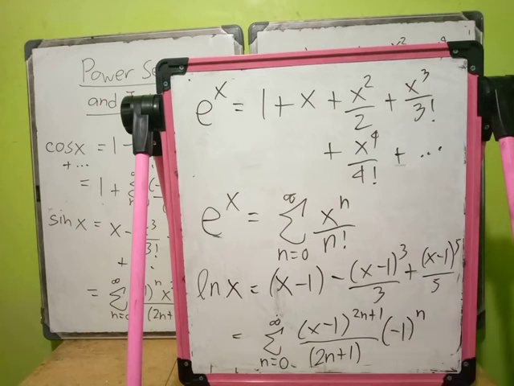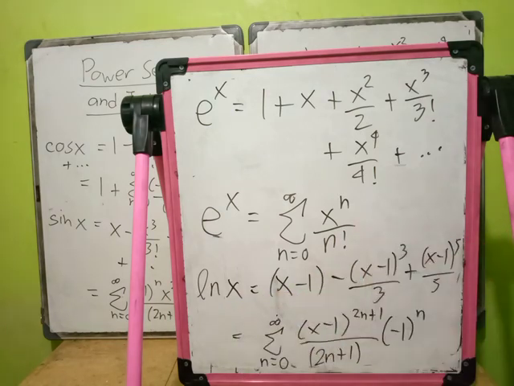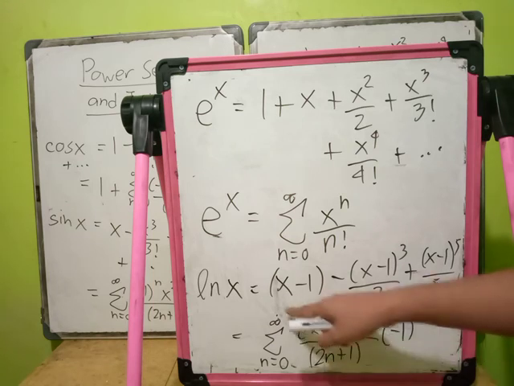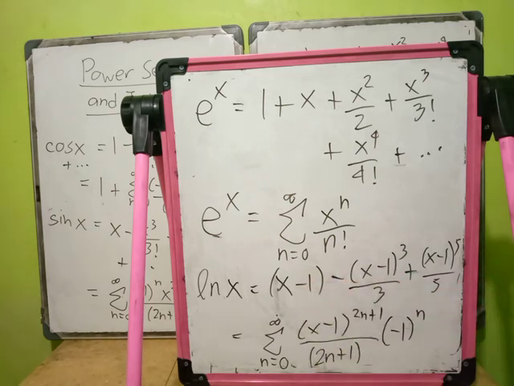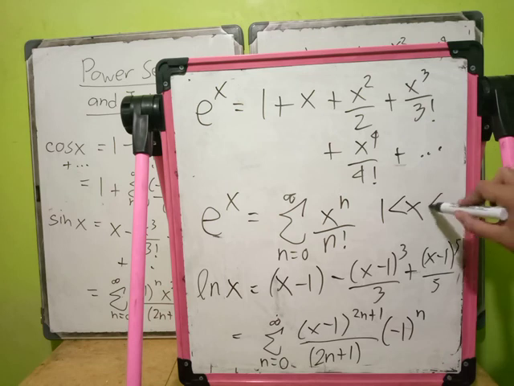So if there are non-elementary functions that involve ln x, for example, ln x over x, you just replace it with this power series. And before I forget, this series for ln of x is valid only when x is between 1 and 2.